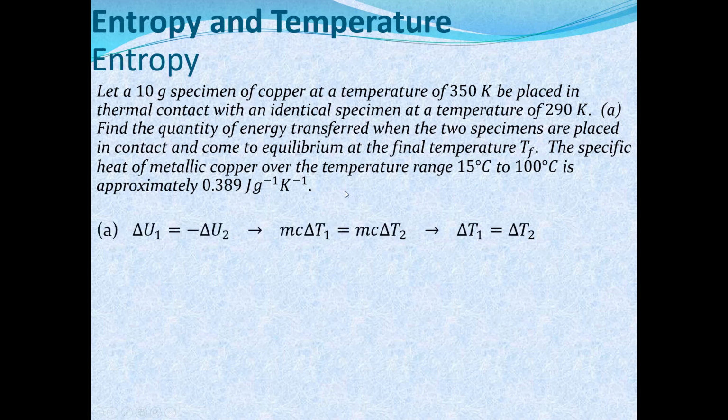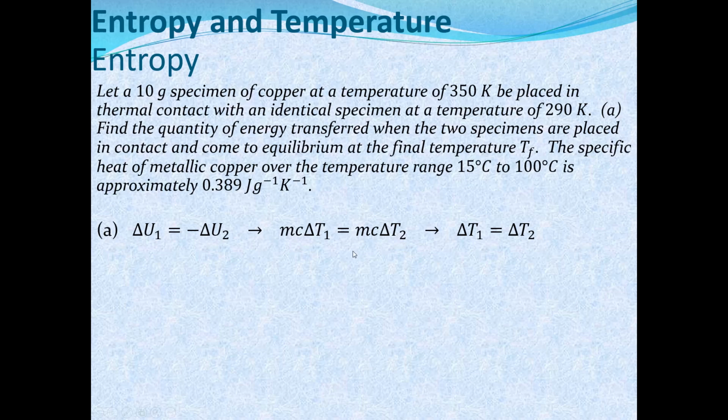In order to actually do this, we have to go back to basic thermodynamics with the whole MC delta T equation. We end up getting that the change in energy for both is going to be the same, so we get MC delta T for both, because both systems are identical with the exception of their temperatures being different.